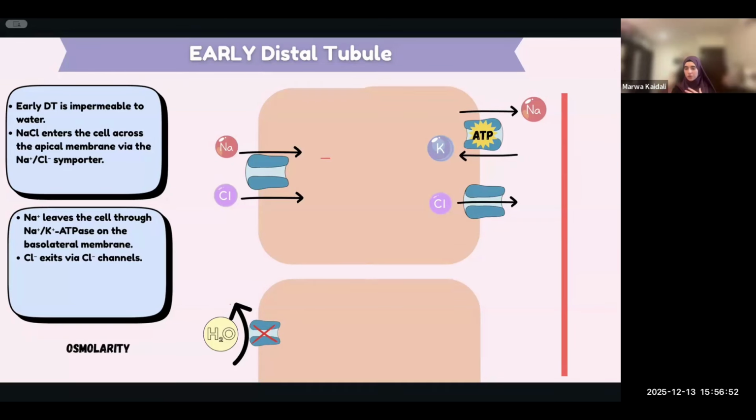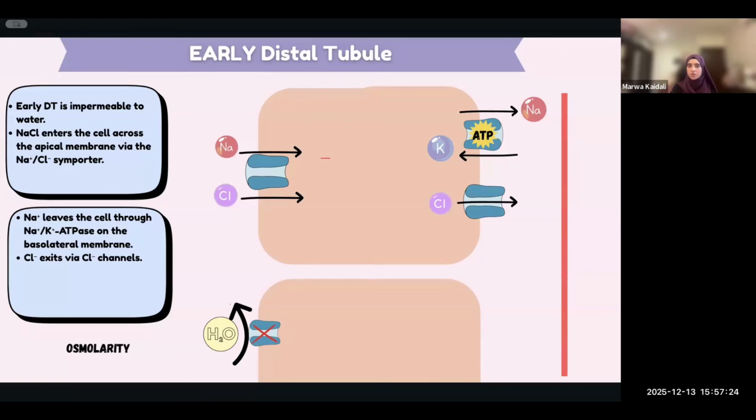Basically, osmolarity is the amount of solutes that we have. So far, we've seen that in the ascending loop and the early distal tubule, we've only had sodium chloride reabsorption. So this is why we are taking in sodium solutes. Yeah, exactly. We have less solutes in the tubular fluid, so this means that the osmolarity is going to decrease. Does that make sense? Do you want me to repeat?